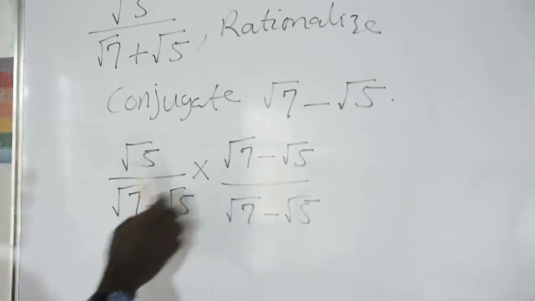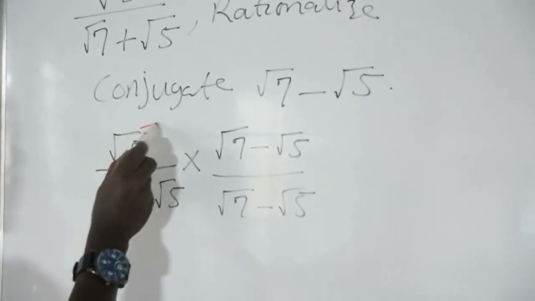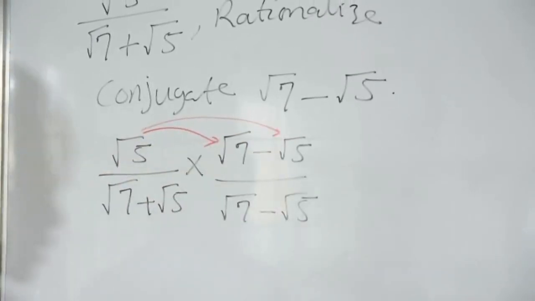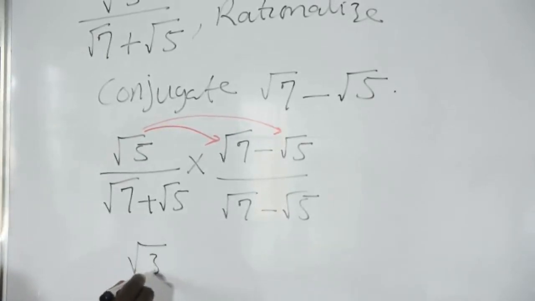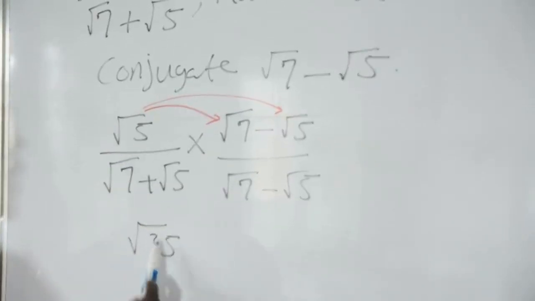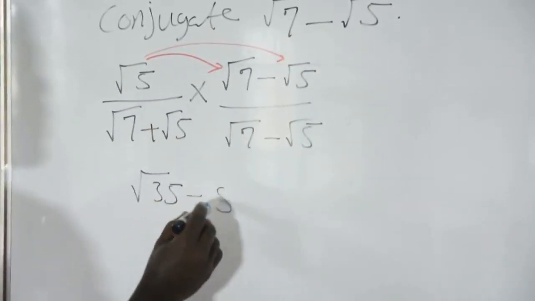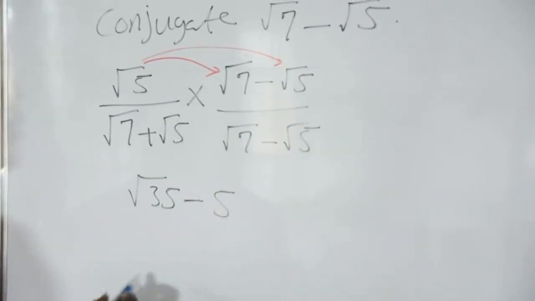This root 5, now we treat it as a bracket. Okay? So the root 5 here will multiply this and will also multiply this. And that will give us root 35. That is root 5 times root 7 will give us root 35. Then root 5 times root 5 will give us 5, right? Because we're going to have root of 25, and root of 25 is 5, isn't it?